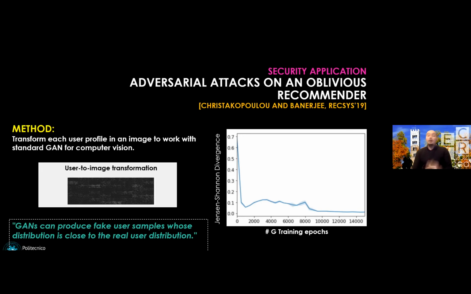And obviously, they could have used any kind of one-dimensional convolutional approach to do that. But they showed to us, and we can see it in the graph on the right-hand side of the slide, that with this method they are able to minimize the Jensen-Shannon divergence over the iterations.